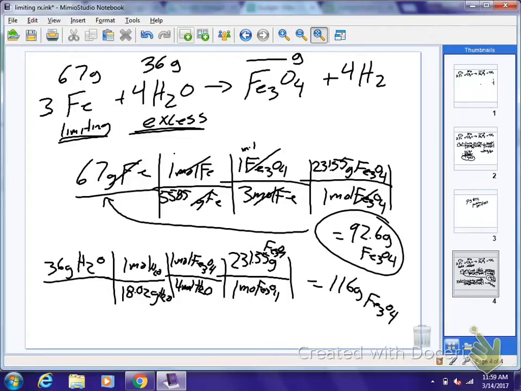So write the other setup out, okay, that you didn't do. So on the left side you want to do water, right side you want to do iron. And then the last thing you'll do is a third setup, and you'll go from iron to water. Okay? So I'm going to give you some time to do that, and then I'll come around.